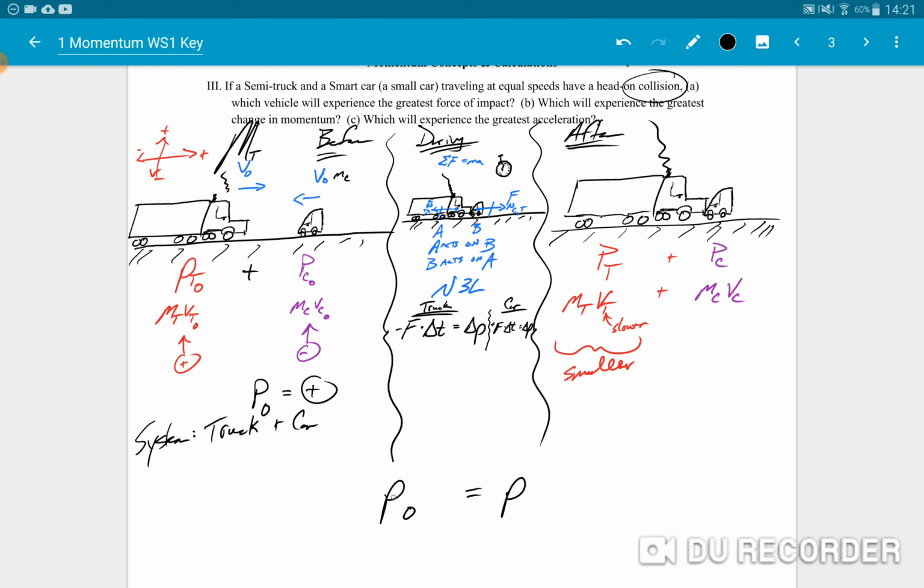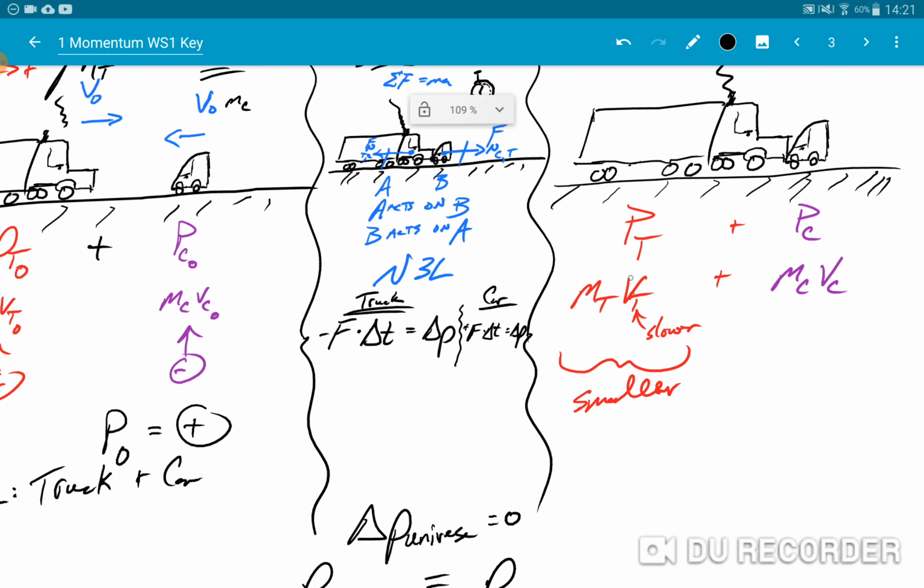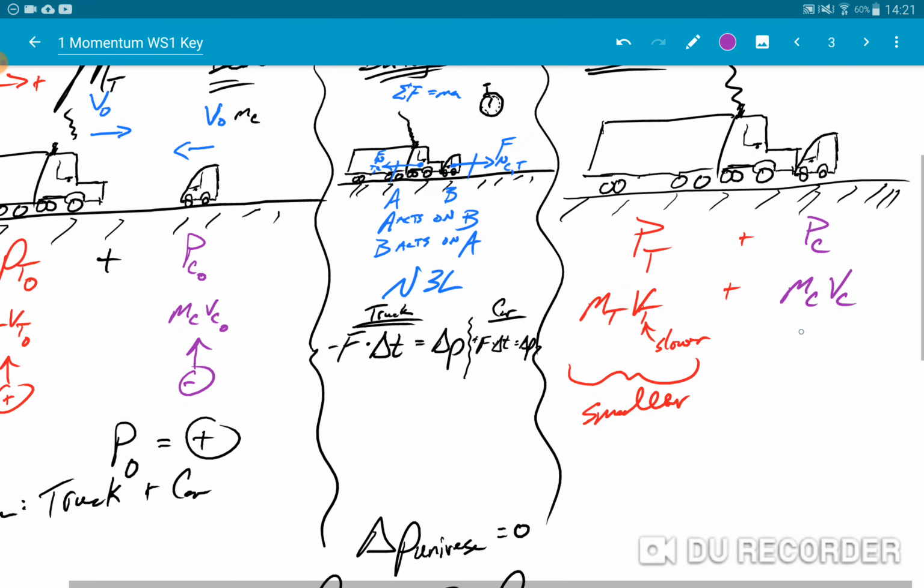So the momentum before must equal the momentum afterwards, or another way to say it is the change in momentum of this entire system, or the entire universe, you might say, is equal to 0. When I add up the after bits, it's got to be the same as the beginning bits. Well, now if this positive bit is smaller and it's got to add up to be the same positive bit, how can I possibly mathematically make up for that?